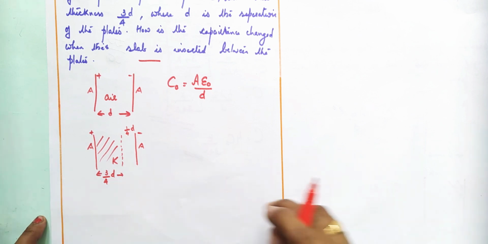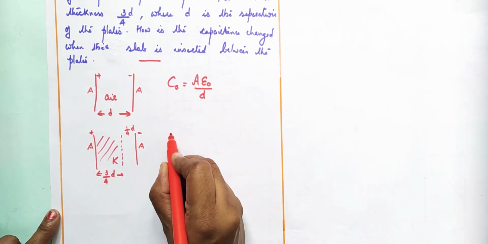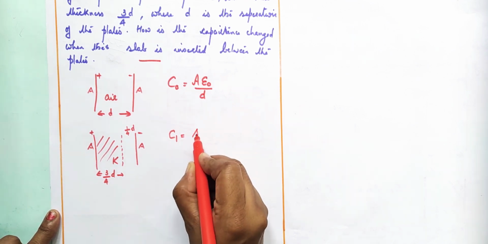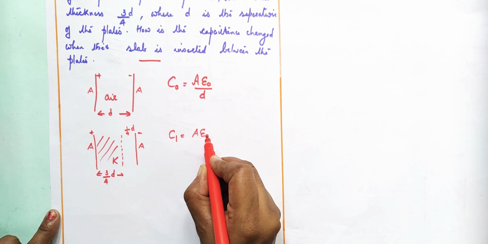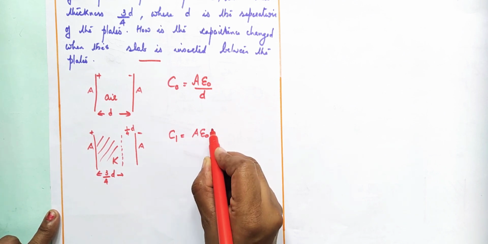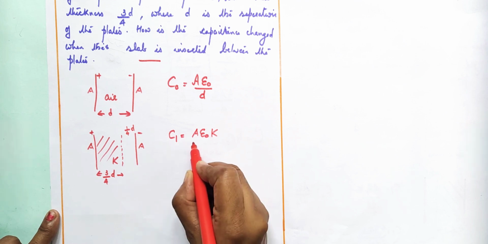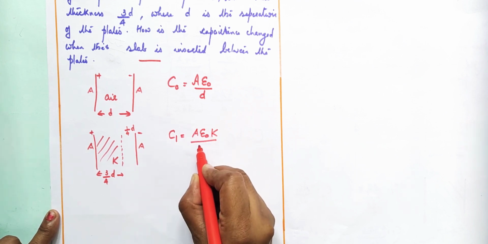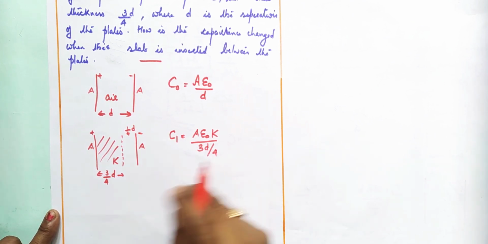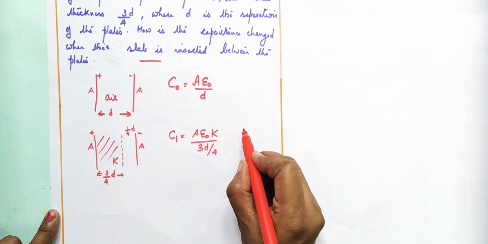Okay, children. Now, how many capacitors are here? Two capacitors. The first capacitor is C1 equals A epsilon 0. If a dielectric plate is placed, what happens? Epsilon 0 becomes epsilon 0 into K divided by, what is its thickness? 3D divided by 4. So this is the first capacitor. What is the second one?